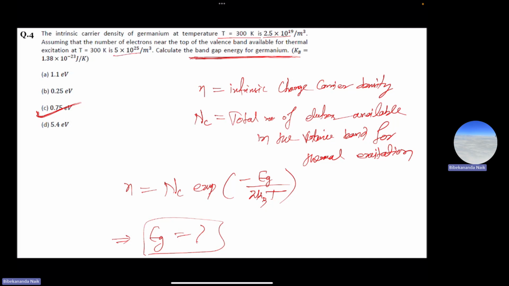So the fraction of electrons in the conduction band to the number of electrons available for excitation is around 10 to the power minus 6.